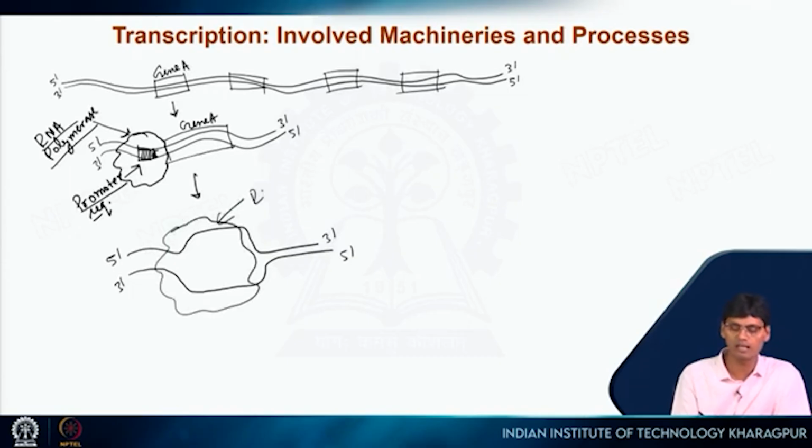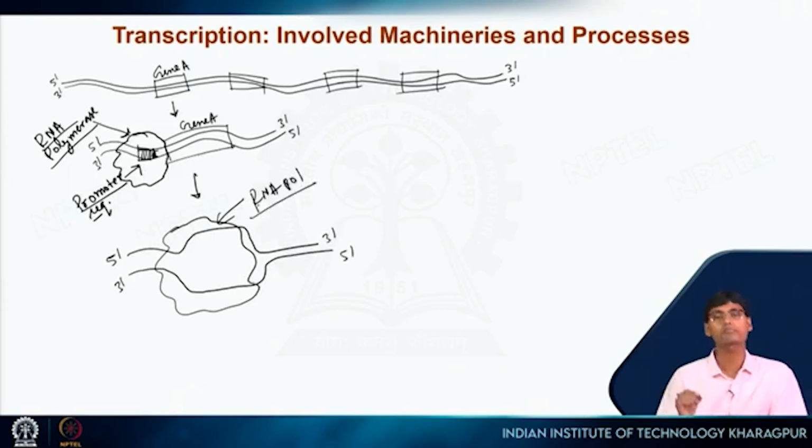This is our RNA polymerase. Now, the synthesis of RNA is similar to DNA synthesis: it will always grow in the 5 prime to 3 prime direction. So whatever sequence is present here in the template, the RNA will be synthesized accordingly.